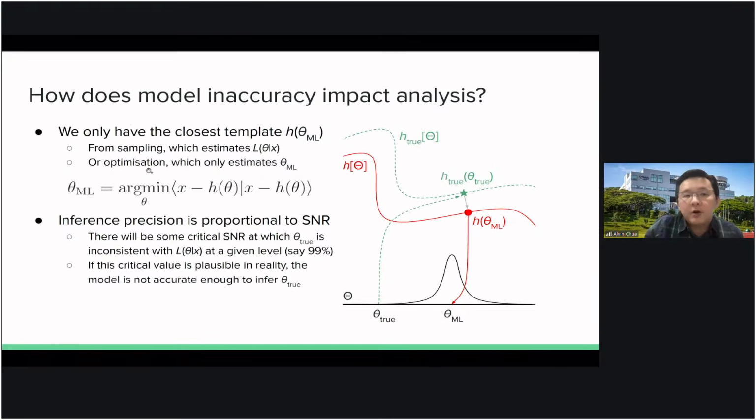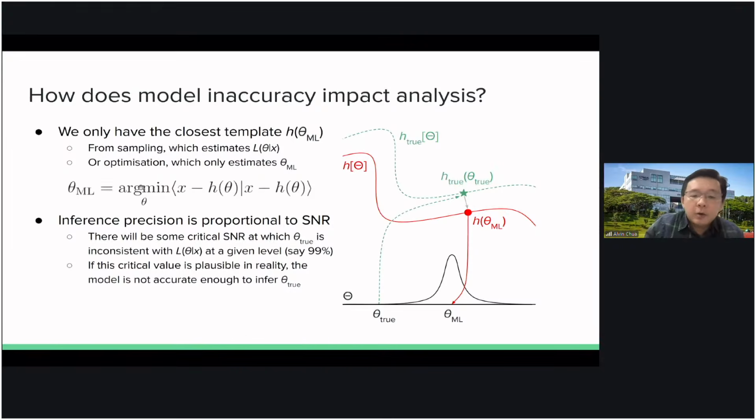The most thorough way, which you would want to do anyway for inference, is via sampling. Sampling actually estimates the likelihood as a density over the parameter space, as depicted below here, this black curve. But the other way, if you're after maybe a point estimate, you can just do it by optimization, and that only allows you to obtain theta ML.